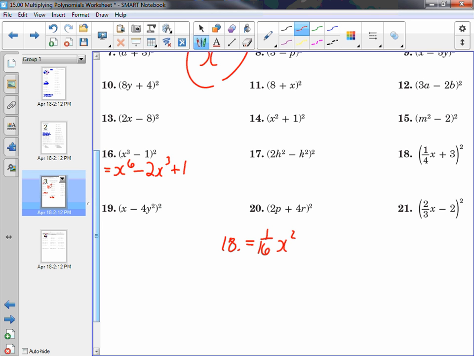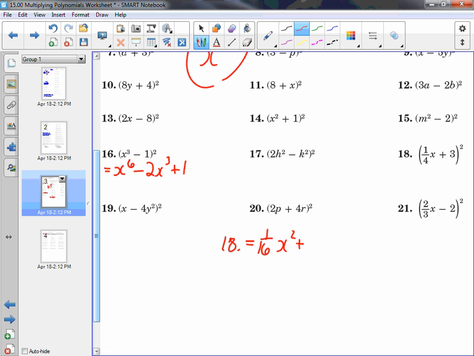This time, since the sign between the two terms is a plus, it's plus 2 times the first term times the second term. 2 times 1/4 x times 3. Well, what's 2 times 1/4? 1/2. What's 1/2 times 3?